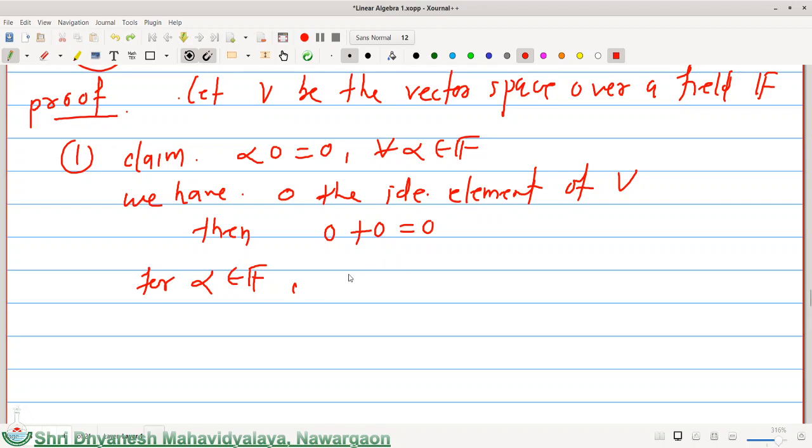Okay, so pre multiplying this equation by alpha, what we get: alpha into (0 plus 0) is equal to alpha into 0. And then by the distributive property in the definition of vector spaces, we get alpha into 0 plus alpha into 0 is equal to alpha into 0 by distributive property.